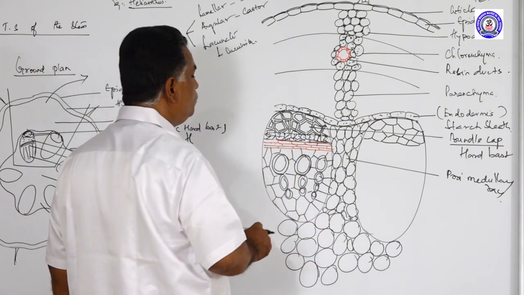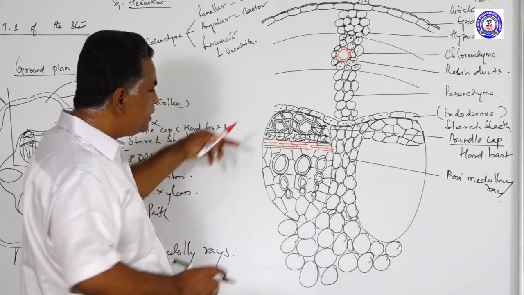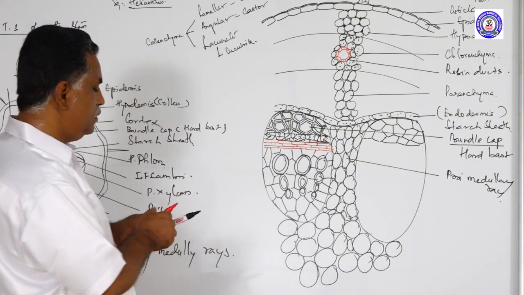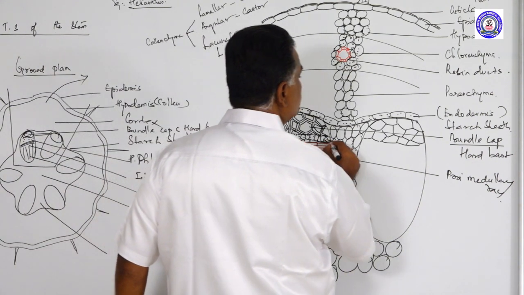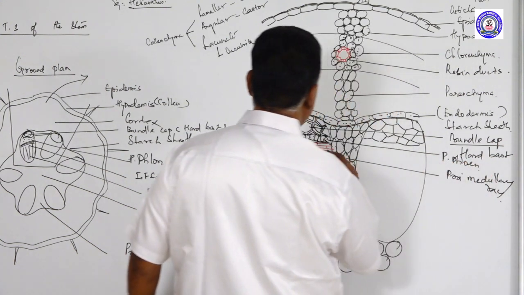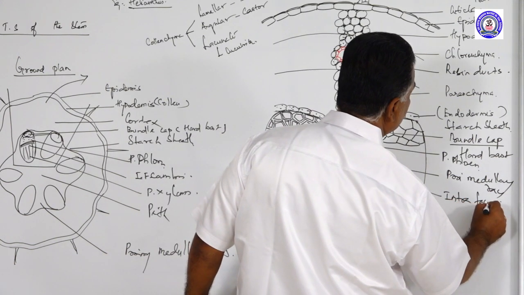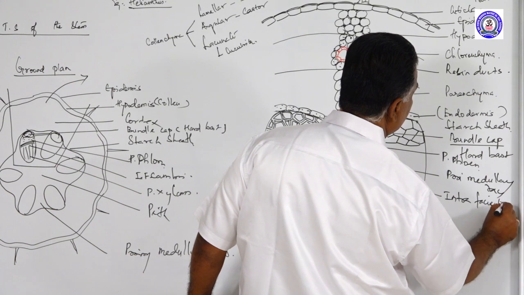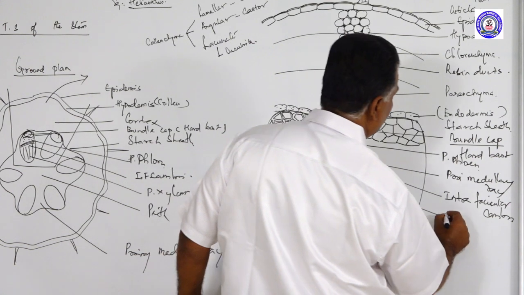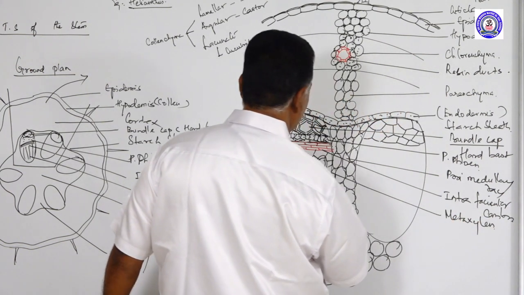See, in the vascular bundle, next to the bundle cap there is primary phloem, next to that is the cambium, and this is primary xylem. You see the parts: this is primary phloem, intrafascicular cambium, this is metaxylem, and protoxylem.